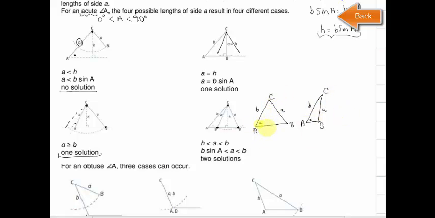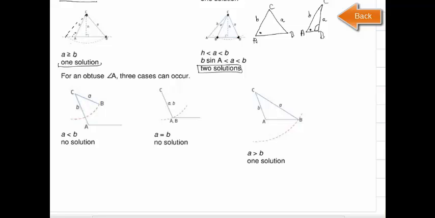I get one triangle where all my angles are acute, or I get a second triangle where one of my angles is obtuse, and obtuse meaning between 90 degrees and 180 degrees. So with this one, I get two possible solutions.